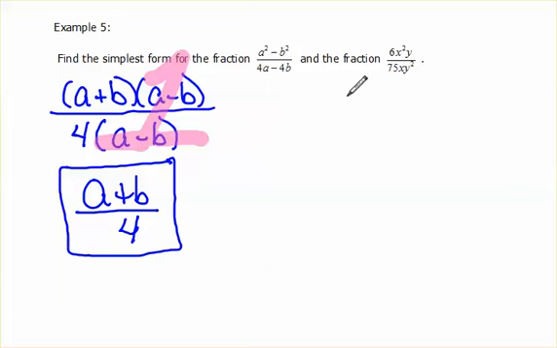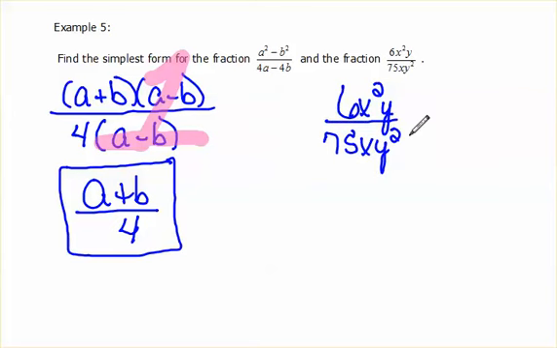In the next one here, we have our 6x squared y over 75xy squared. Now we could write this all out if we wanted to. We could say, well, let's see, 6, that's pretty easy to do the prime factorization. That would be 2 times 3, and x squared would be x times x, and then y would be just y. So that would be its prime factorization.